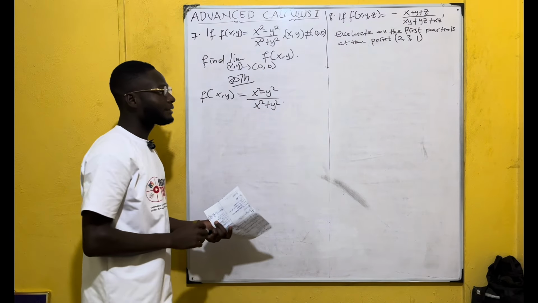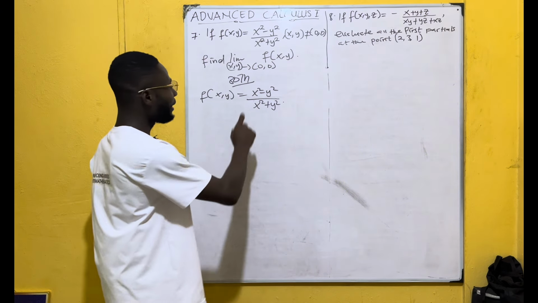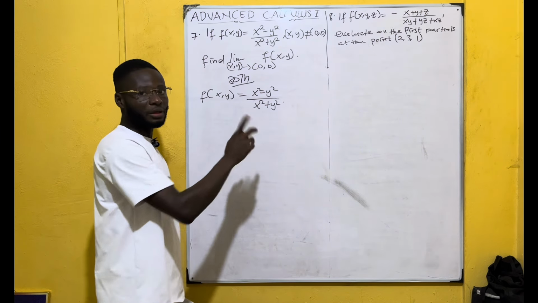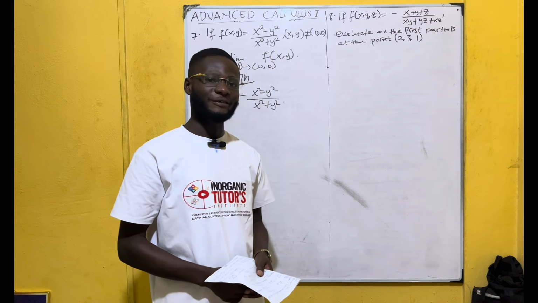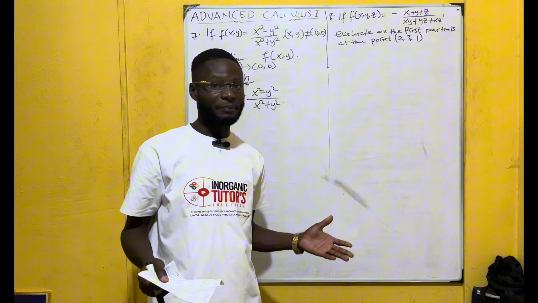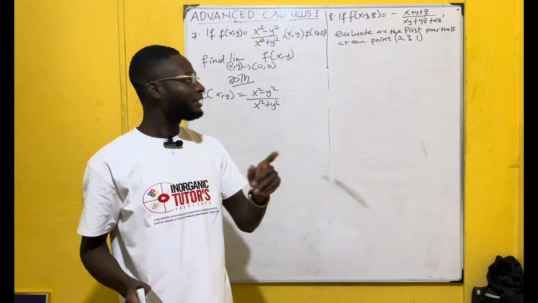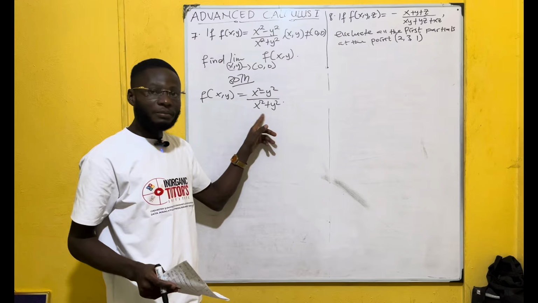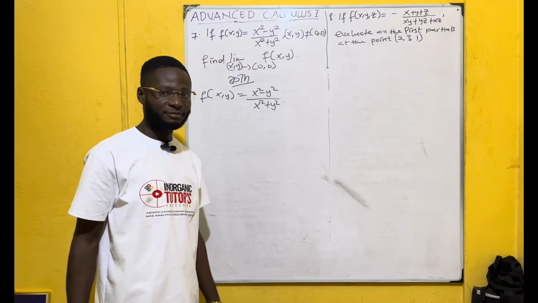Now, remember that x and y must not both be 0. You know why? If x and y become 0, we have an undefined problem. Great. But one can be 0 and the other can be non-zero. But never can both be 0. If both become 0, we don't have a proper function.